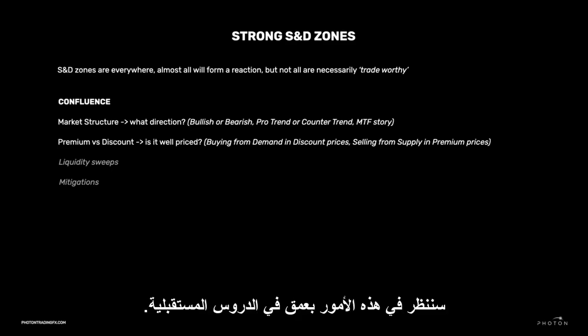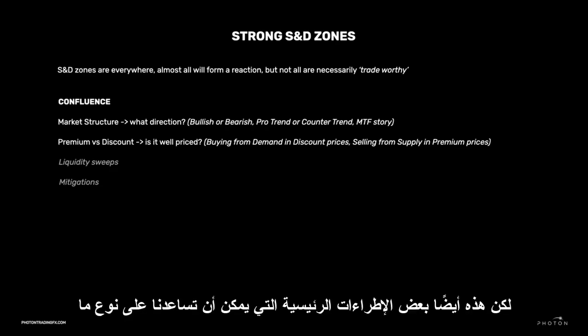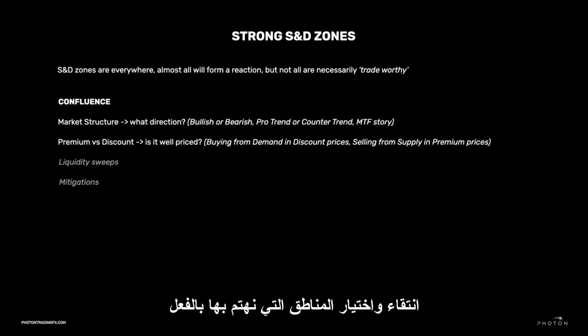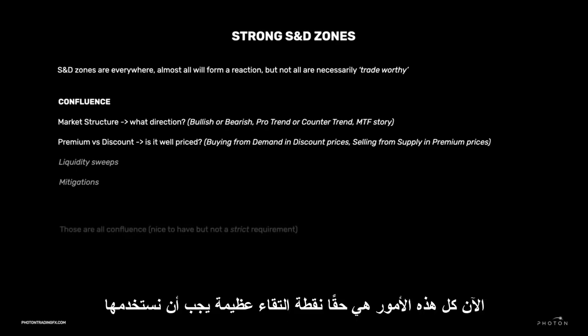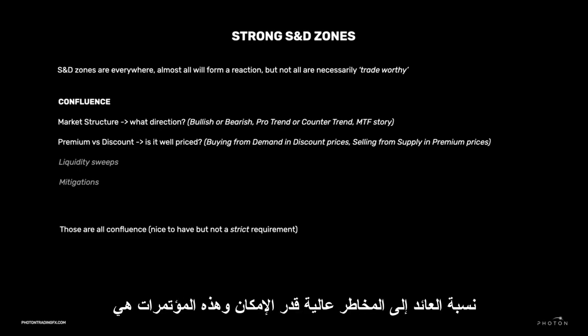Don't worry, we will look at these in depth in future lessons. You don't need to concern yourselves with these just now, but these are also key confluences that can help us pick and choose which zones we are actually interested in building solid trade ideas around, okay? All of these are really great confluences that we should be using to make sure that we are trading with as high a strike rate and as high a reward to risk ratio as possible.